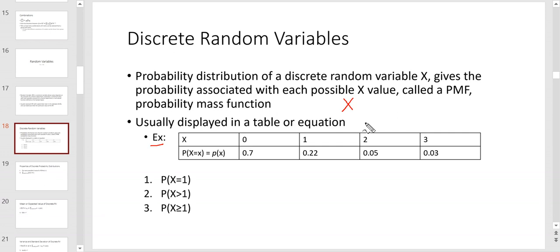According to this PMF, which in this case is in the form of a table, go back to the definition of a PMF, the possible values of X are 0, 1, 2, and 3. This is clearly discrete, right? You can have 0, 1, 2, or 3 accidents. You cannot have anything in between these. So this is not continuous, it's discrete.